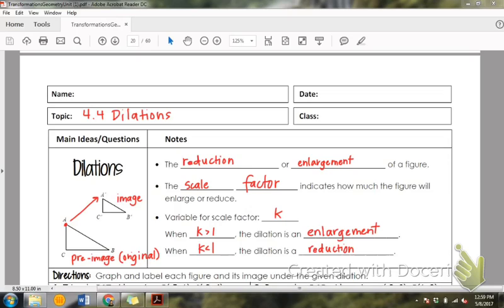So let's look at this example. It says triangle RST with vertices that is going to be dilated, and we are supposed to graph and label the figure and then graph the image. The first thing I want us to do is plot the pre-image.